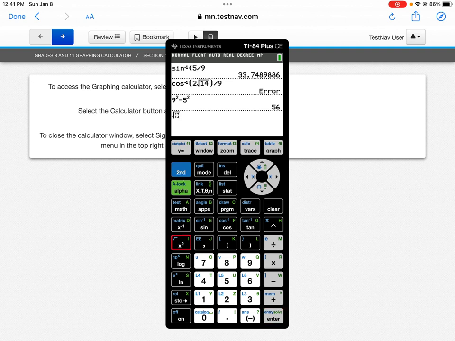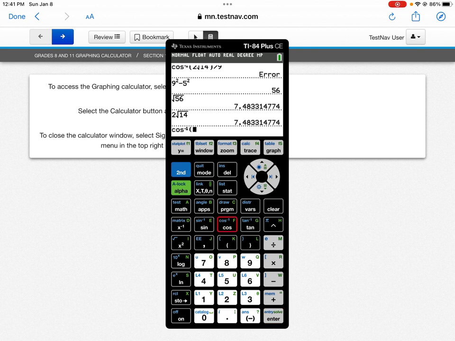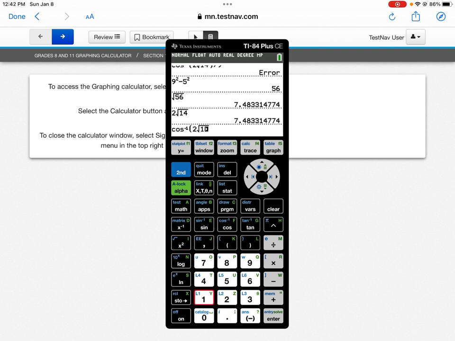The square root of 56 is that, and 2 square roots of 14 is that. So that piece is 2 square roots of 14. So it would be 2 square roots of 14 divided by 9. So it would be second cosine of 2 square roots of 14, get out of that, oh, divided by 9. I had the parenthesis in the wrong place. My bad.